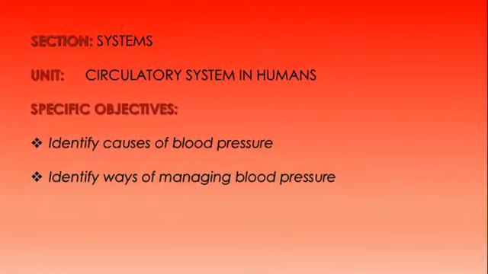And if it's low, we have what we call low blood pressure or hypotension. So we'd like to look at the causes of blood pressure, since it is one of the deadliest silent killers.